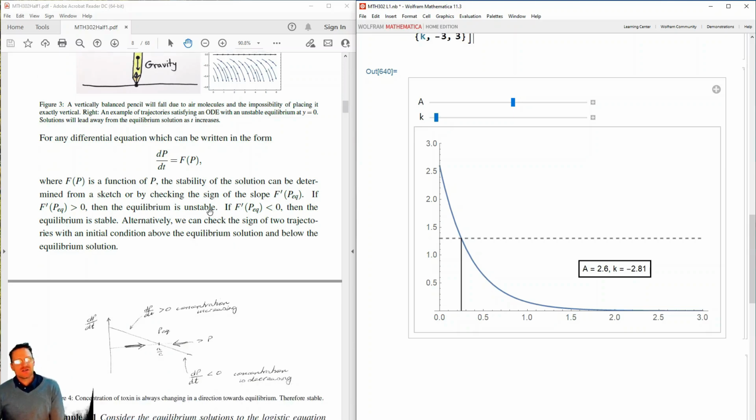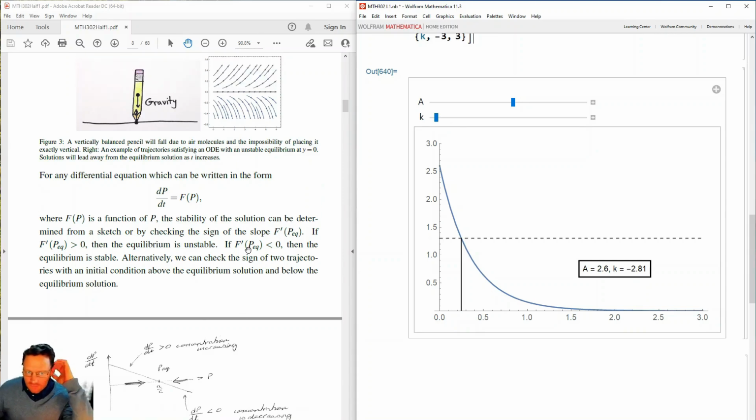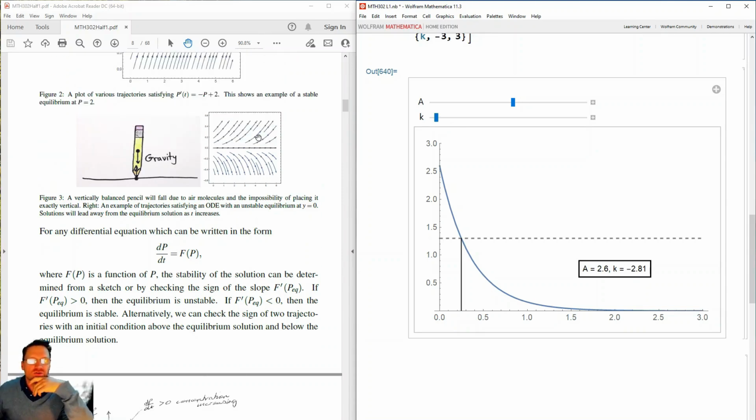Okay, but there are other ways to do this as well. So if you just take a particular value, like you guess an initial value, and then you look at the sign of the slope, you can tell that it's going away from the equilibrium, right? So this is not the only way to do it. And other ways come in handy when you have what we would call a semi-stable equilibrium.